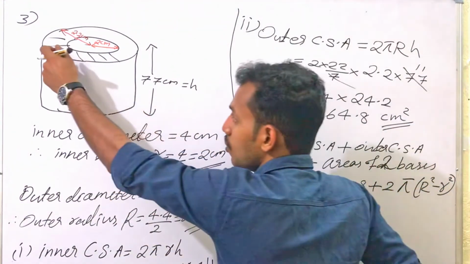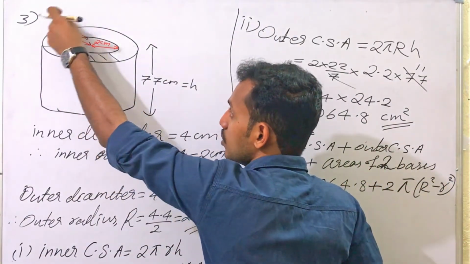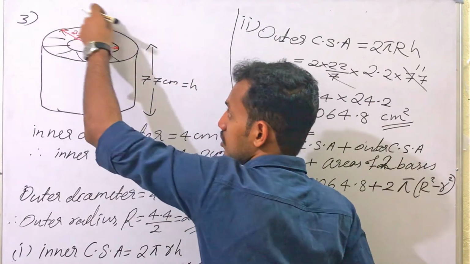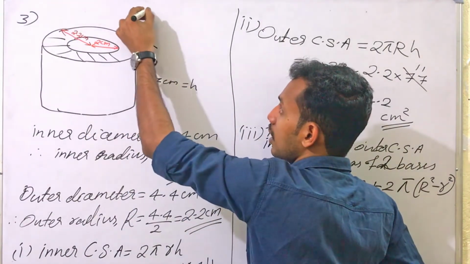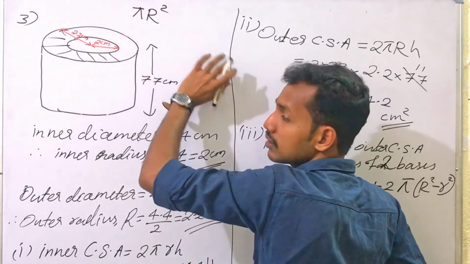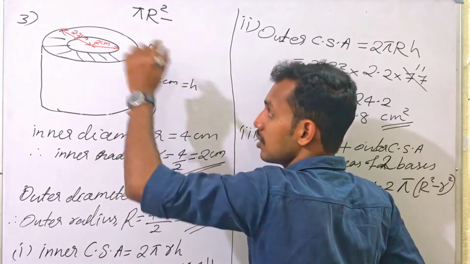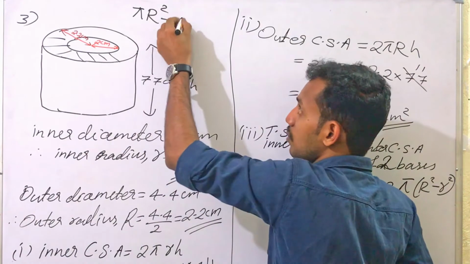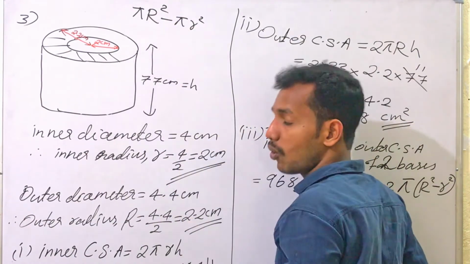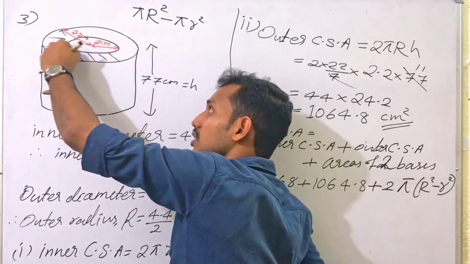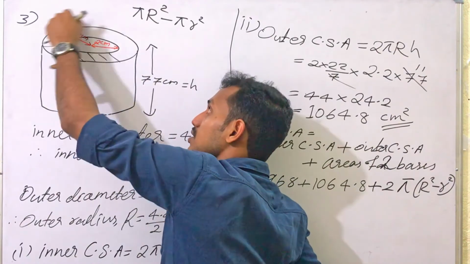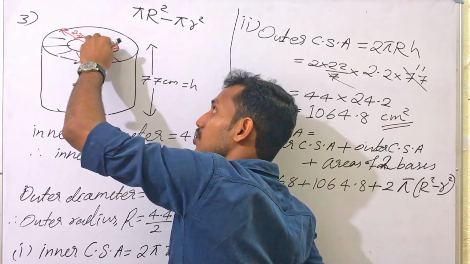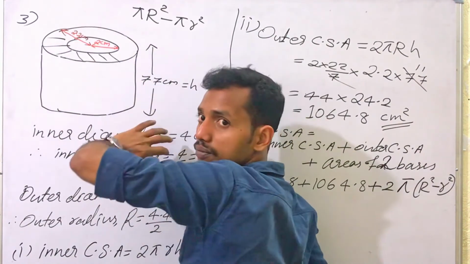Because what is the area bounded by the outer circle? That is pi R square, minus what is the area bounded by the inner circle? That is pi small letter r square. Because we need to get only this portion, that is area bounded by the outer circle minus area bounded by the inner circle, because here nothing.